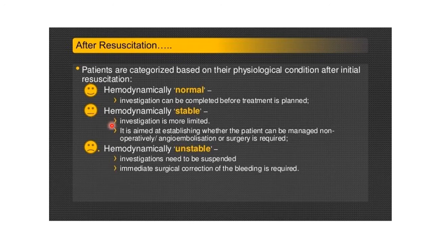In these patients, investigations can be done but are limited, aimed at establishing whether the patient can be managed non-operatively, by angioembolism, or whether surgery is required. And the third category is when the patient is hemodynamically unstable, where all investigations need to be suspended and immediate surgical correction of the bleeding and other injuries is required.